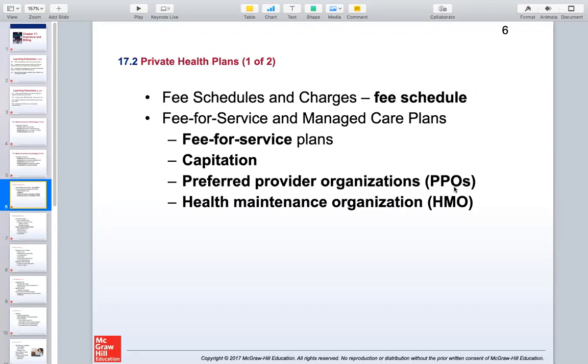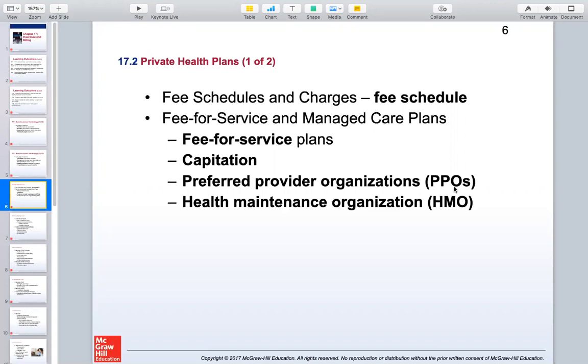Depending on what that fee schedule is, the plan is going to pay back whatever the fee is for the service. So that's probably the closest to being reimbursed for what your fee schedule is.